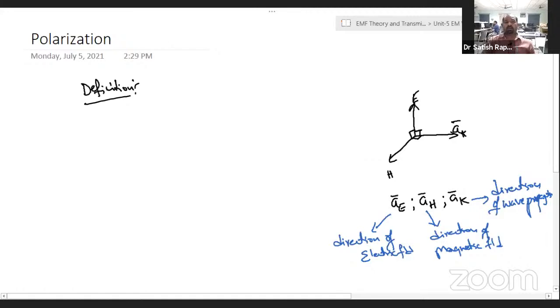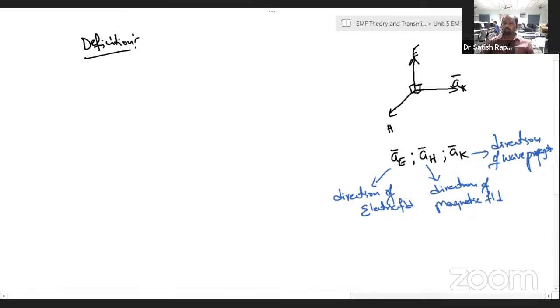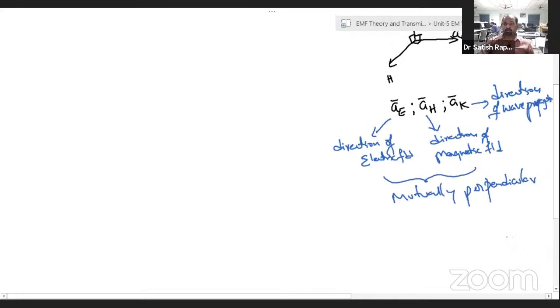So direction of electric field, direction of magnetic field, and direction of wave propagation are mutually perpendicular, right? They are mutually perpendicular.